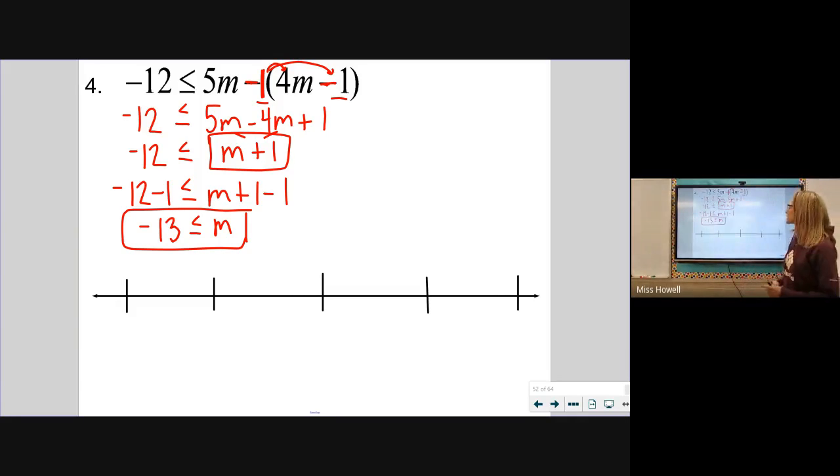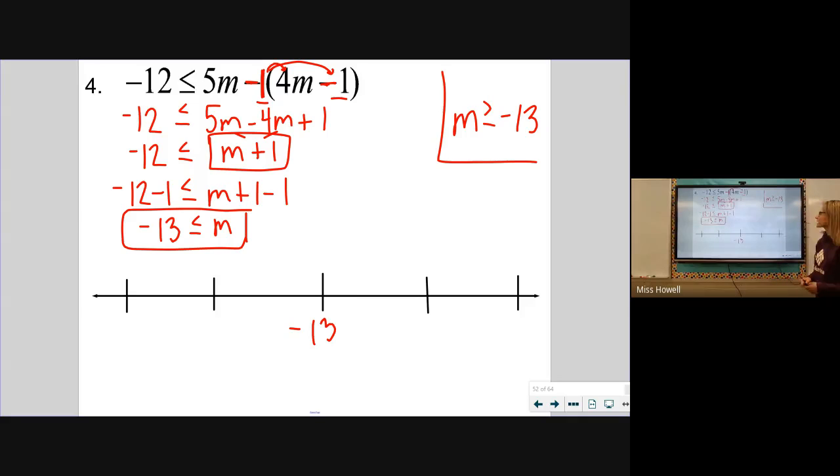Now, here's where you need to be careful. M's not in front. So if you would normally put your negative 13 here and accidentally shade to the left here, which you shouldn't be, off to the side, put your m in front. Put the negative 13 in back and do the flip-flop so that you understand that m is really bigger than negative 13. That's what this means. If negative 13 is smaller than m, then m is bigger than negative 13.